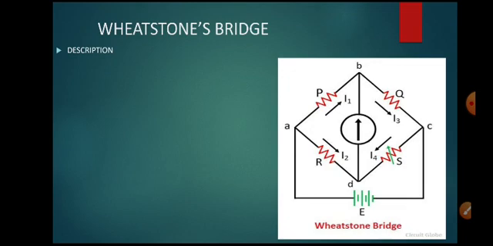The line B and D is known as the galvanometer arm, where the galvanometer is connected in between the two pairs of resistances. Where the battery is connected in between two pairs of resistors, it is called the battery arm.